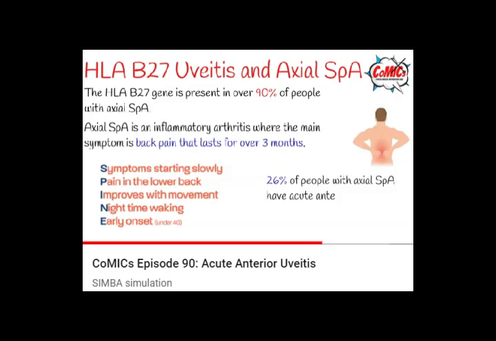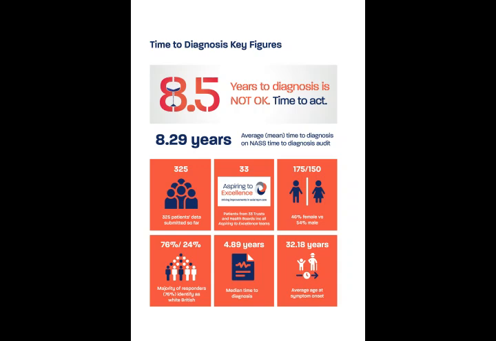So we distinguish pain on the basis of whether it's got inflammatory or mechanical type characteristics. We're particularly looking for those inflammatory type characteristics, the things I've described. Improving with activity, not improving with rest. Buttock pain, pain that moves from side to side, we call alternating buttock pain. Pain that disturbs patients from their sleep. So it's the pain that wakes them at 3 o'clock in the morning and they can't get back to sleep and they're tossing and turning. It's prolonged early morning stiffness, i.e. they feel seized up in the morning.